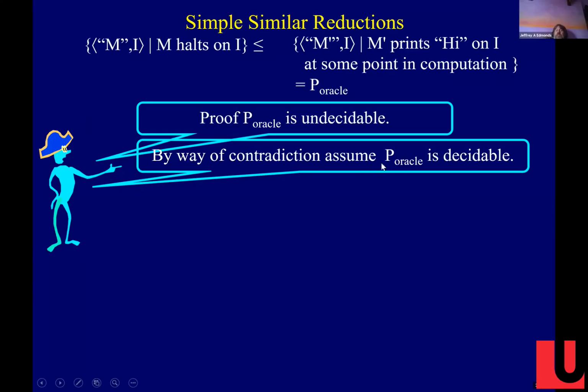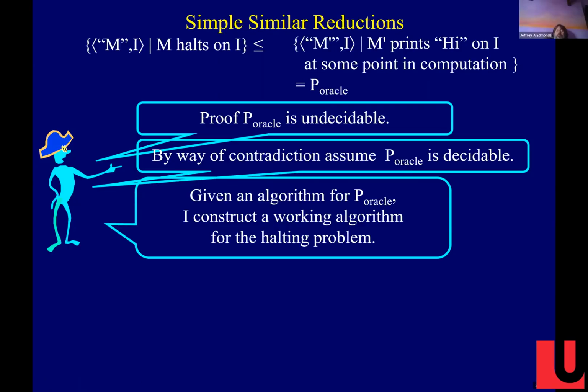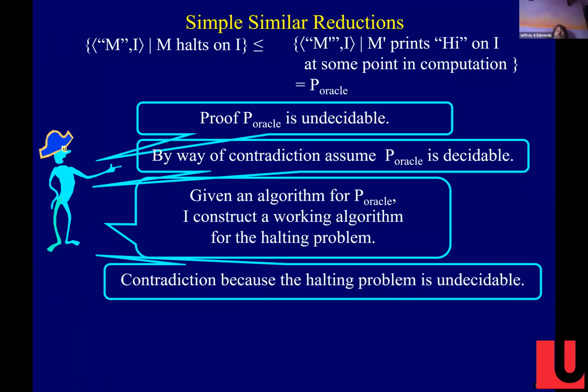So by contradiction, assume the oracle problem is decidable. Oh, this is the oracle problem here, the hi problem, right?